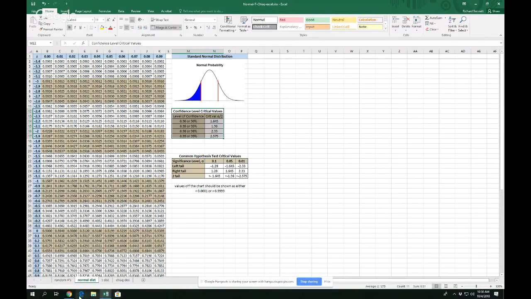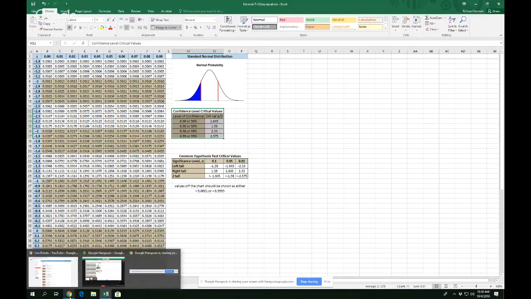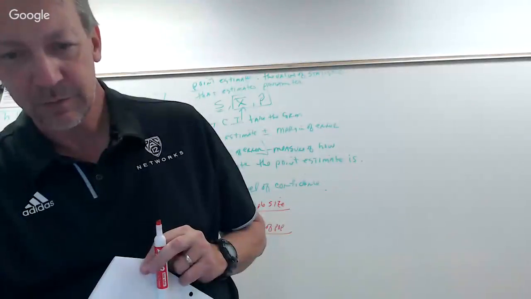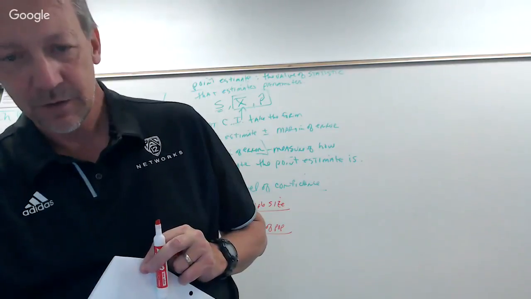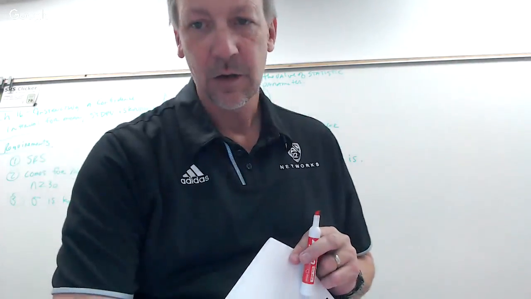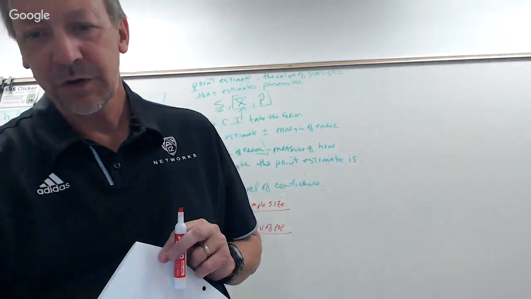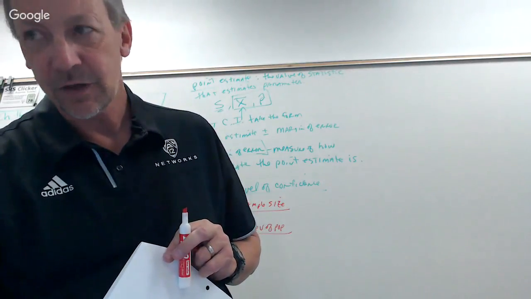You guys all remember the 68, 95, 99 rule, right? Let me stop sharing for a second. We're going to go back to the board. Okay, what's the 68, 95, 99 rule say?